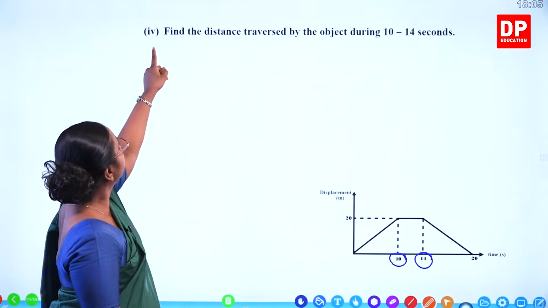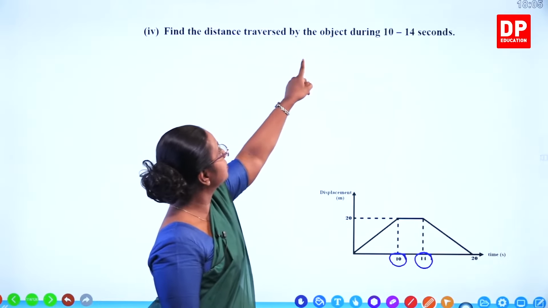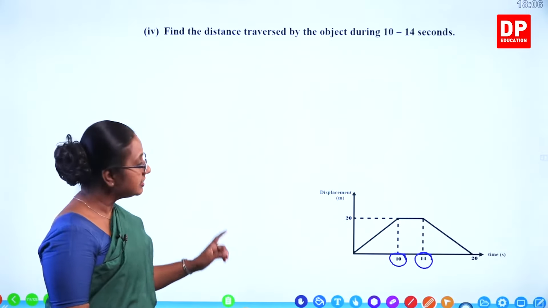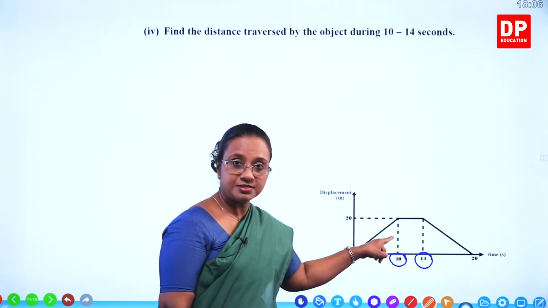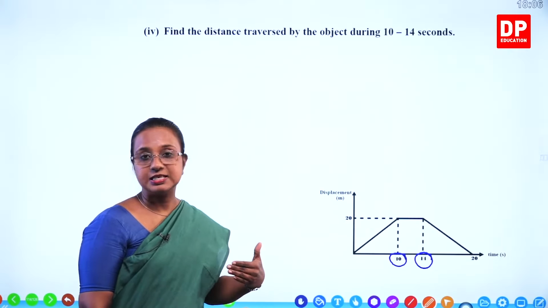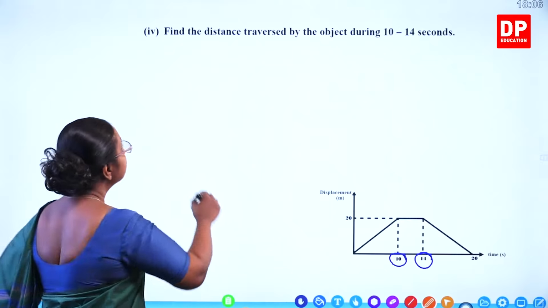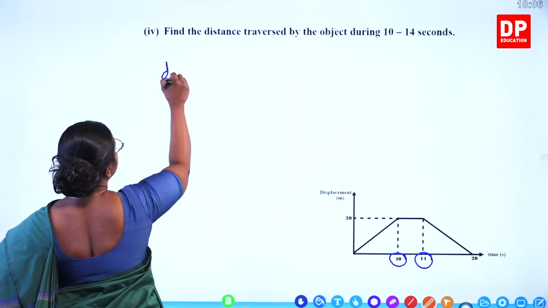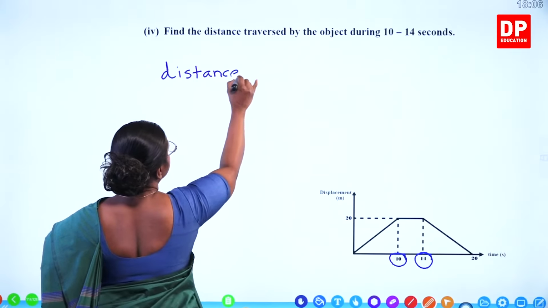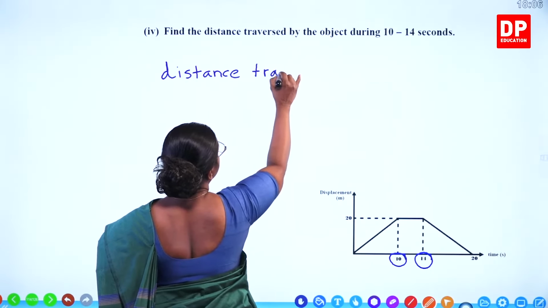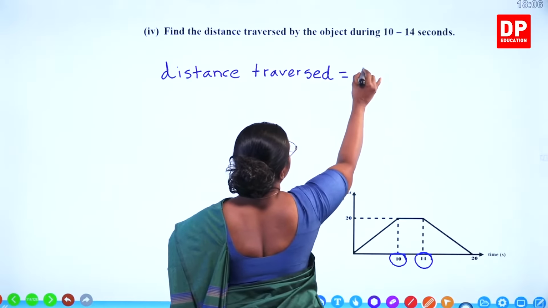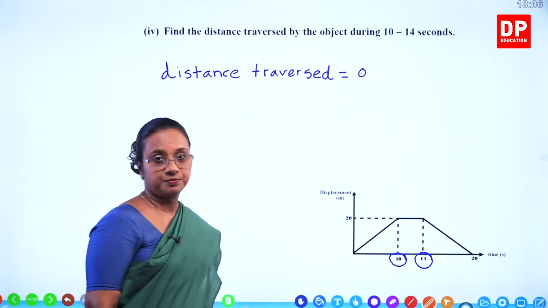Since the object was at rest, there was no displacement, so there is no distance traversed. So, distance traversed will be equal to 0.